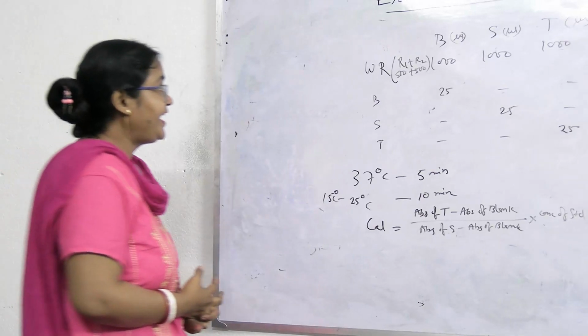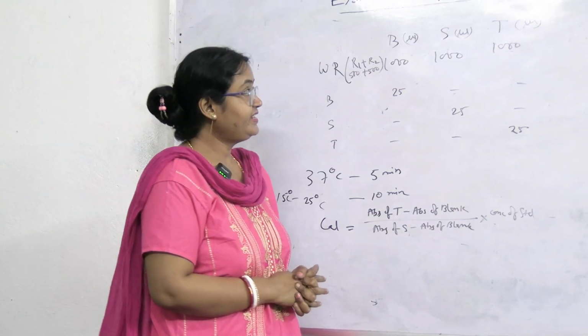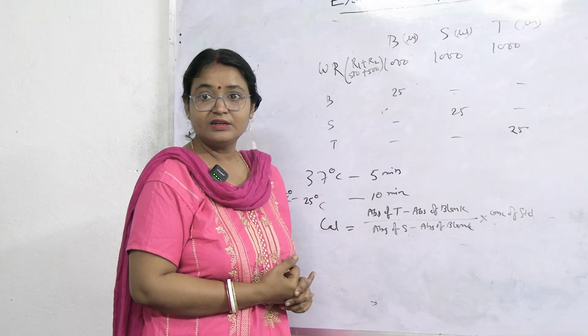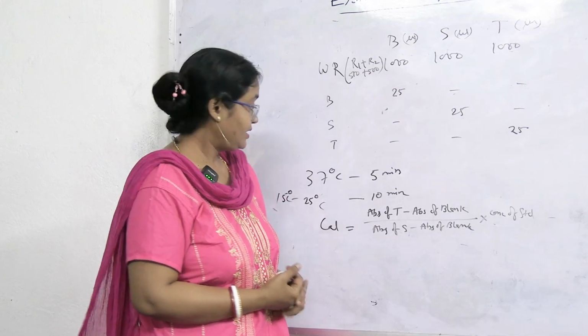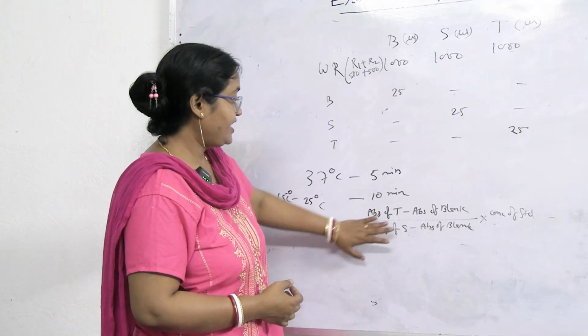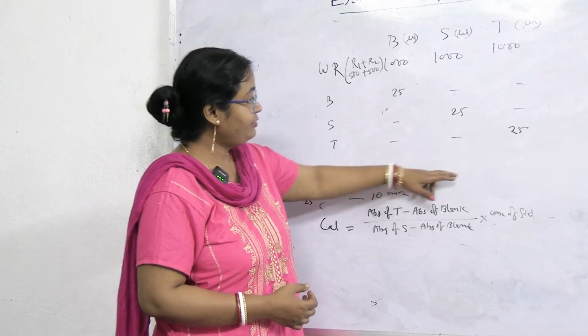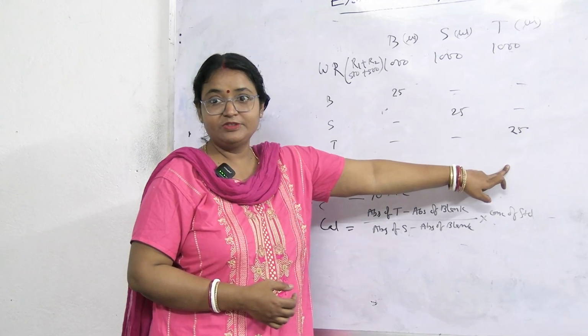B stands for blank, S stands for standard, T stands for test. This is the calculation, absorbance of test. At the end of incubation, you will take the test sample. What is the absorbance?